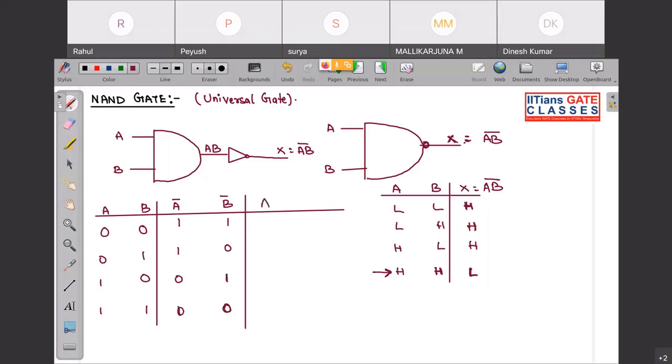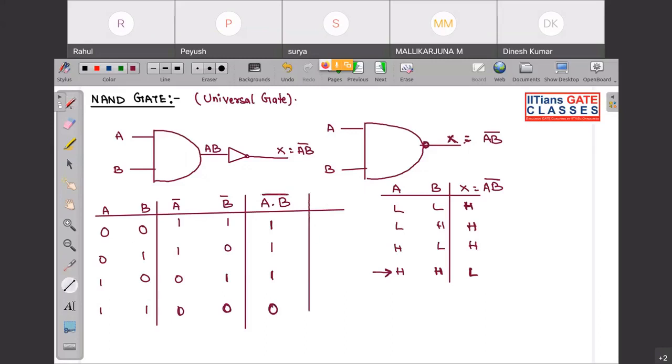So very quickly, if you do A complement B, okay, so this will be what? This will be 1, 1, 0. Okay, so this is what? This is your NAND operation.